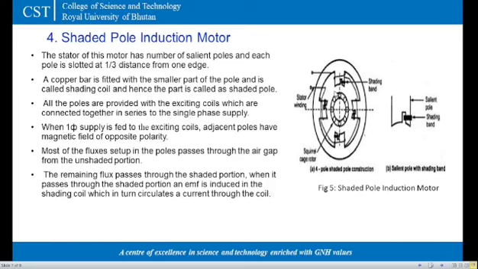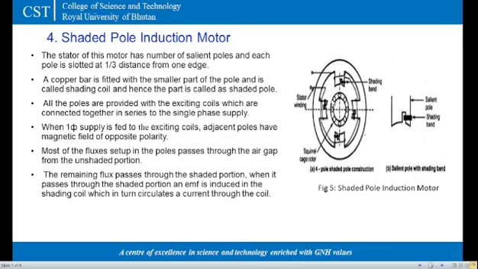All the poles are provided with exciting coils which are connected in series to the single-phase supply. When the single-phase supply is fed to the exciting coils, adjacent poles have magnetic fields of opposite polarity. Most of the flux set up in the poles passes to the air gap from the unshaded portion. The remaining flux passes through the shaded portion.